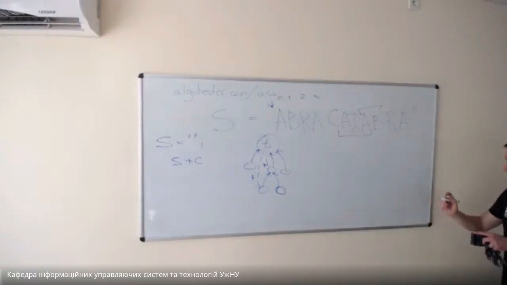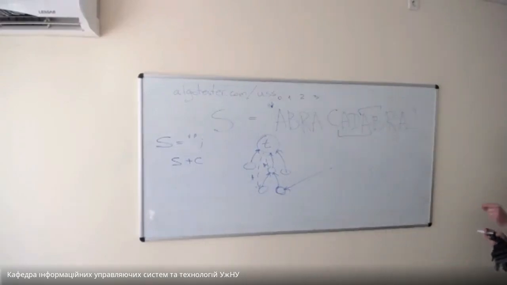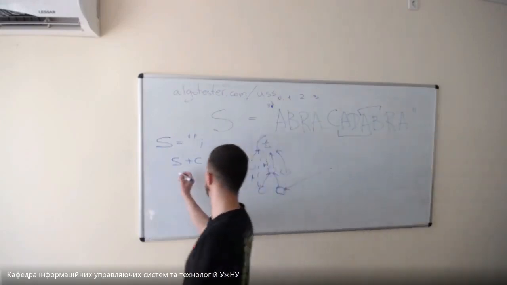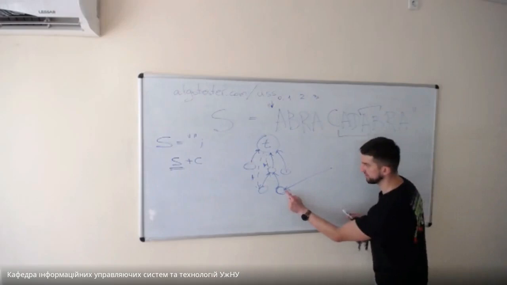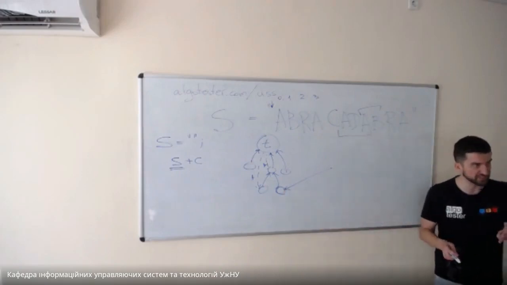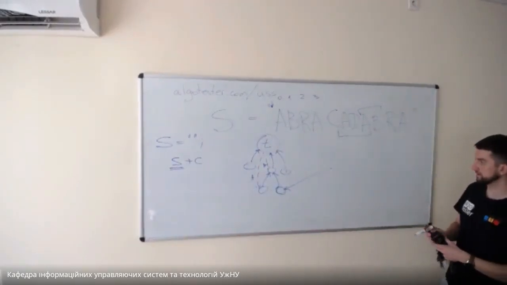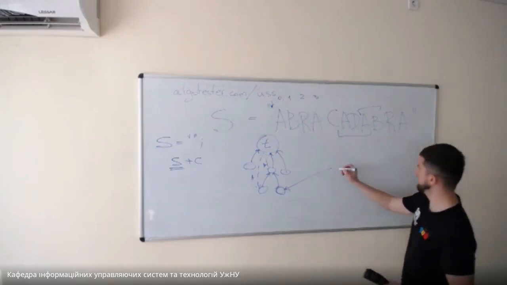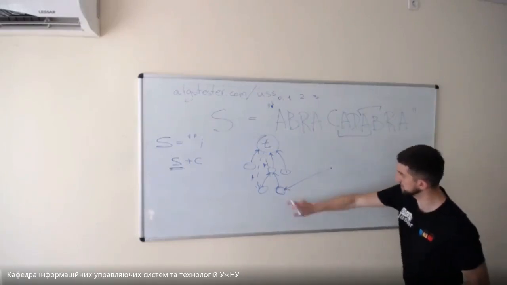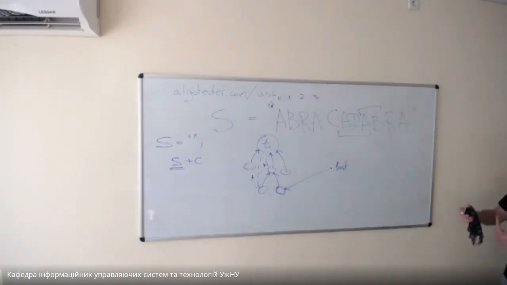So let's consider the state, the vertex, which corresponds to string S. In other words, we need that vertex, which is a class of equivalence, which contains the whole string S. Let's call this state last. So now what happens?